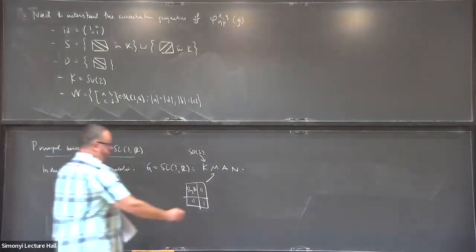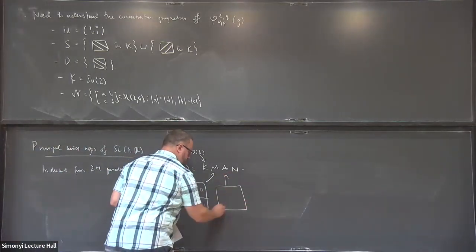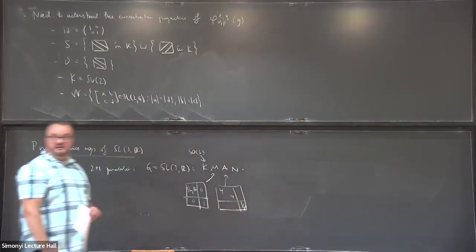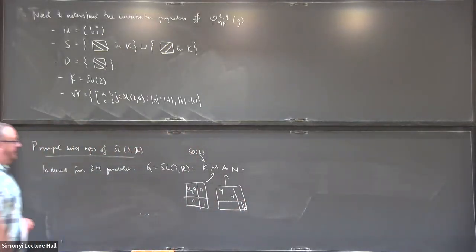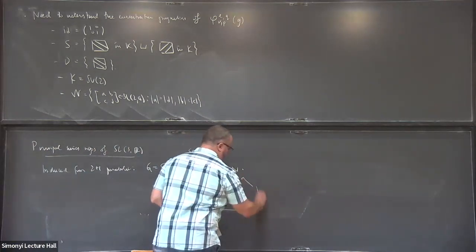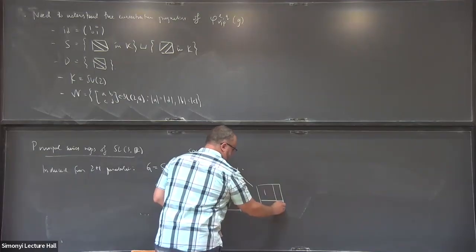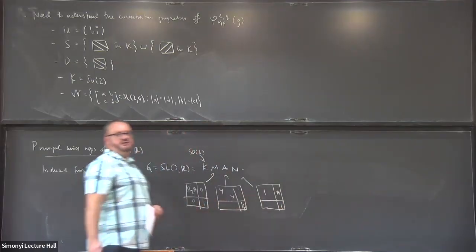A is the group of matrices that look like scalar matrices here, and then you just compensate for that scalar here. And N is the block upper triangular unipotent matrices, like this 1, 1, and then some vector here.